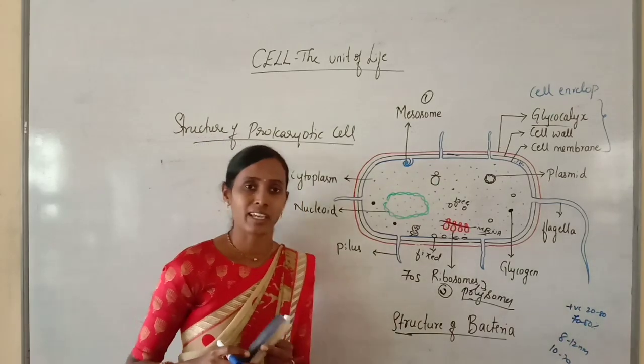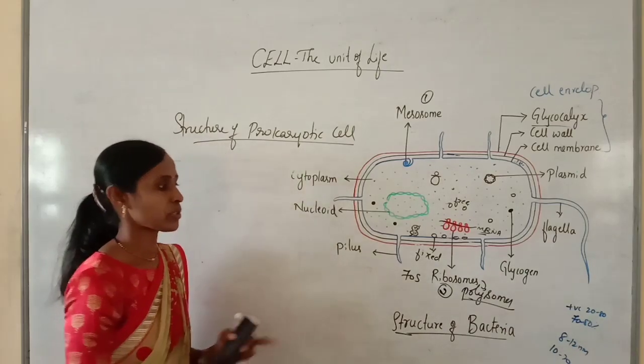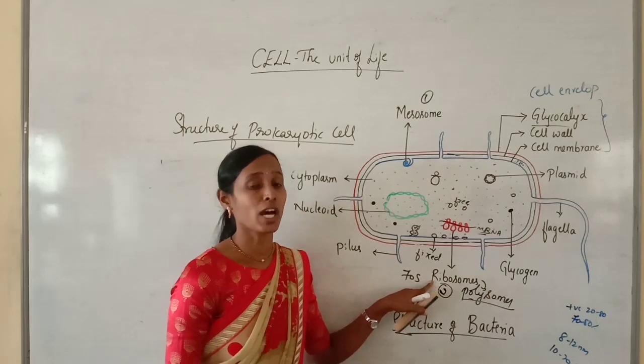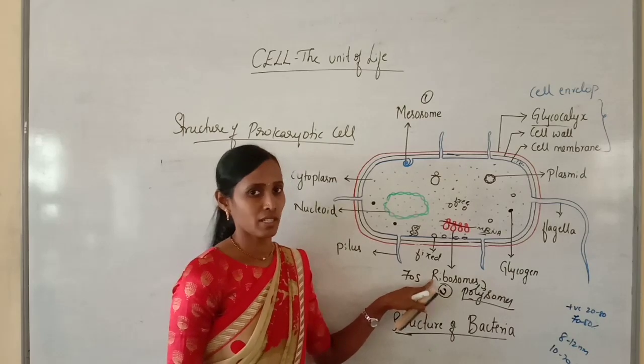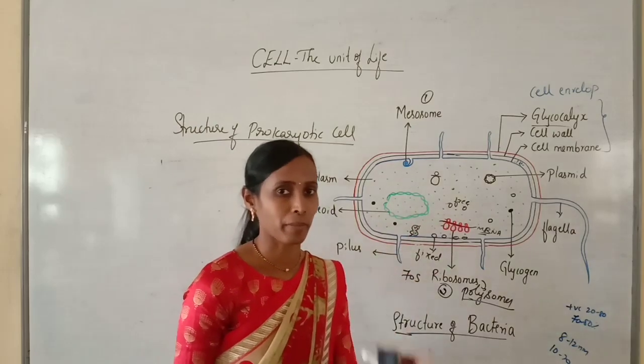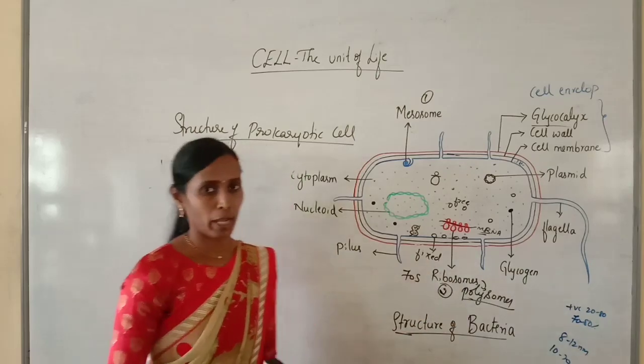Here S indicates the Svedberg number or sedimentation coefficient. The main function of ribosomes is protein synthesis. That's why they are called protein factories of the cell. In bacteria, many ribosomes are attached to a single mRNA. That's why they are called polysomes or polyribosomes.